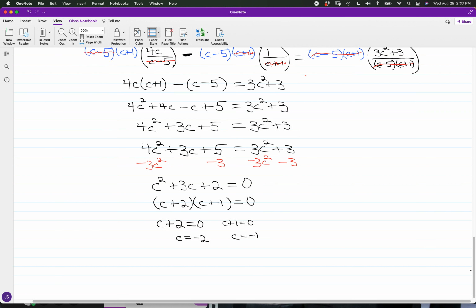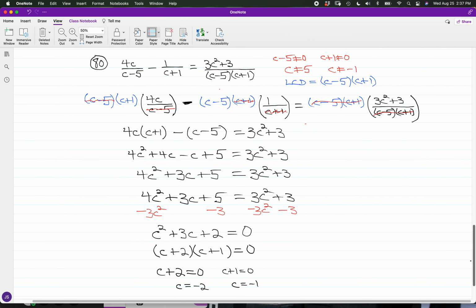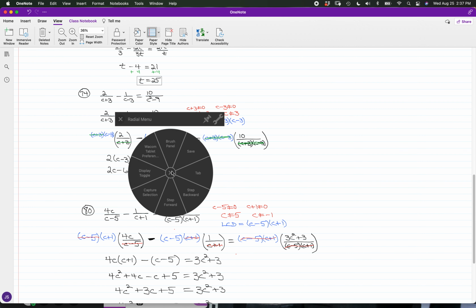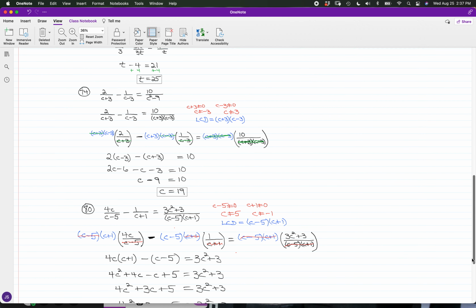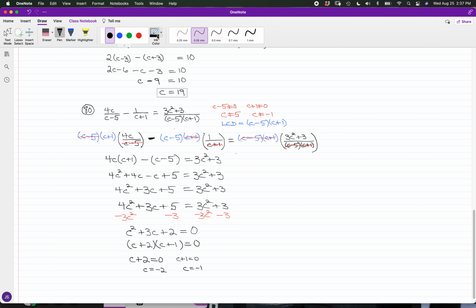Looking at what we have here, trying to verify, for c equal to -2, it satisfies the restrictions that c cannot be 5 or -1. So at least this part is satisfied.